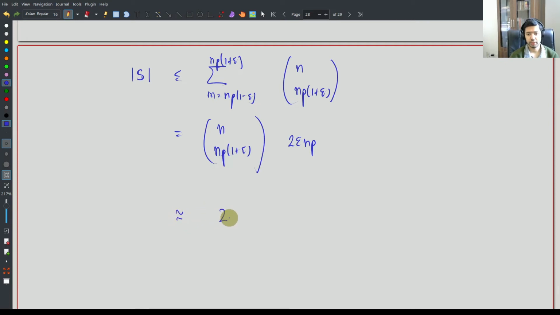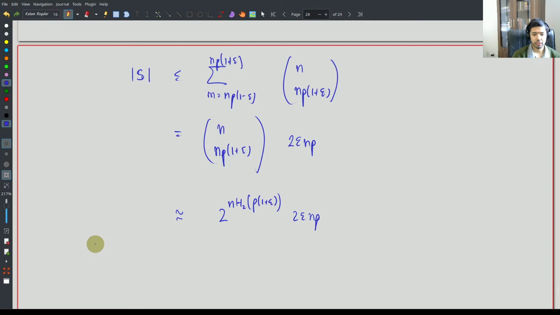This is going to be 2 raised to n times what? HPN. Exactly. The binary entropy of p into 1 plus epsilon, times whatever 2 epsilon np.